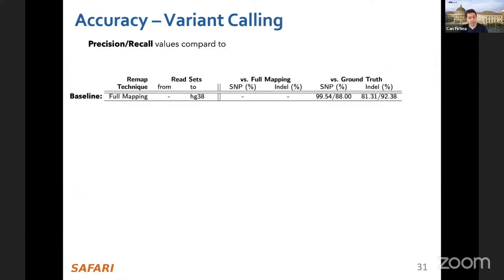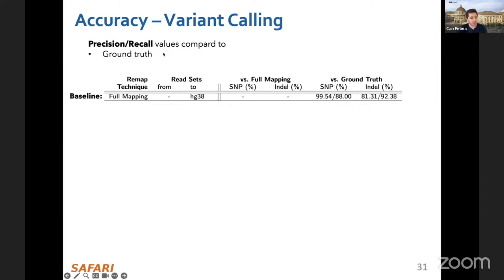So then let's look at the read mapping accuracy results after we perform variant calling from these read mappings. So we report precision and recall values over here. The leftmost value would be the precision, and the rightmost will be the recall value.